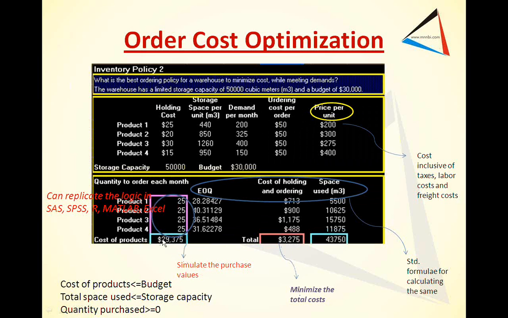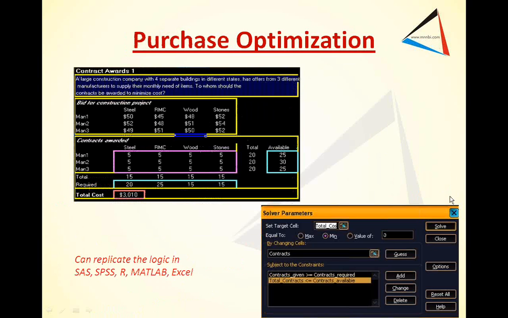I need to simulate the purchase values, and my constraints are that the cost of the products is less than or equal to the total budget. The total space used is going to be less than or equal to the total storage capacity, and the total quantity used is greater than or equal to 0. My price per unit is my cost of goods sold. It includes labor, taxes, and freight costs.